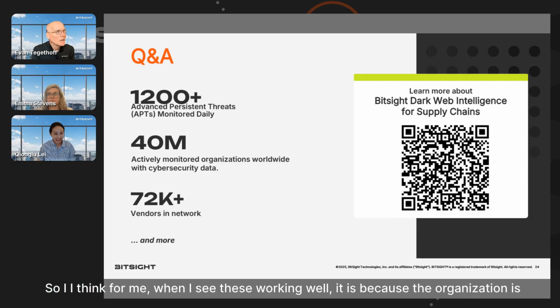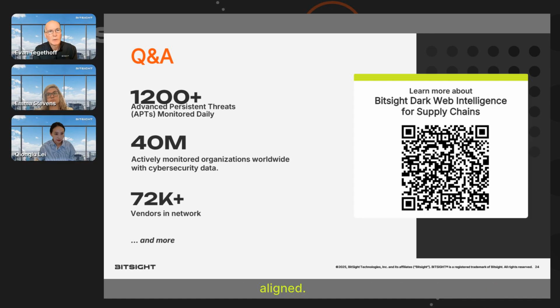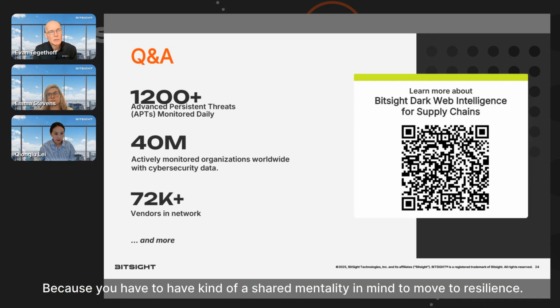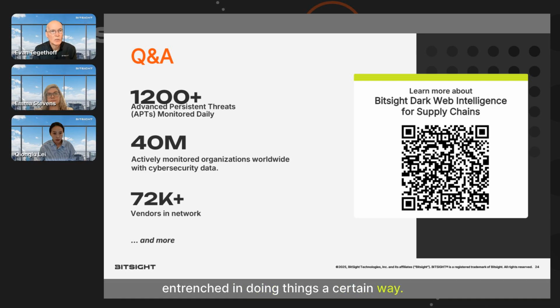So I think for me, when I see these working well, it is because the organization is aligned across these various different groups that we're talking about getting aligned, because you have to have a shared mentality in mind to move to resilience. So that, again, is not going to be easy because you're going to have teams that are entrenched in doing things a certain way. So we don't mean to be portraying any of this as easy.